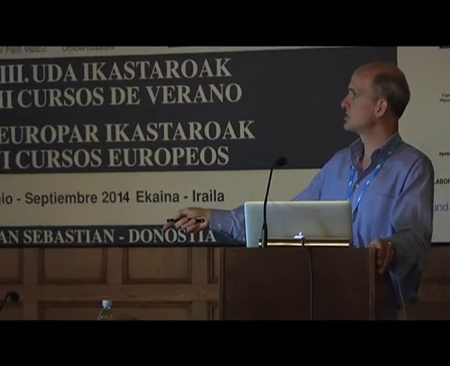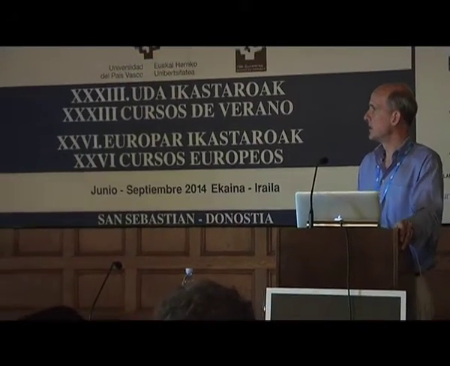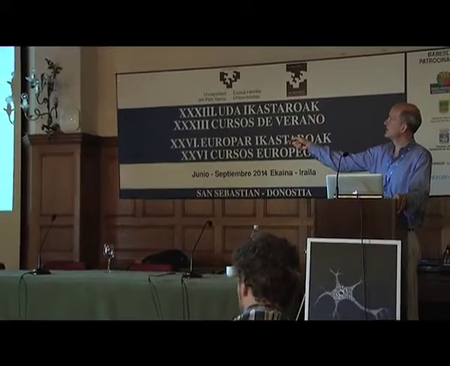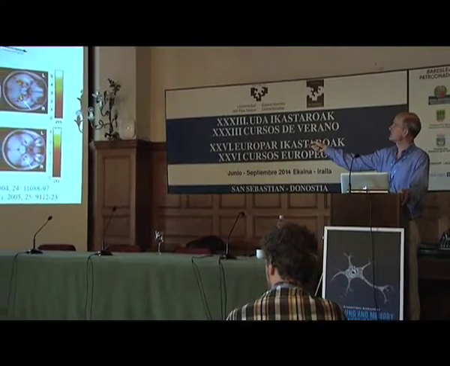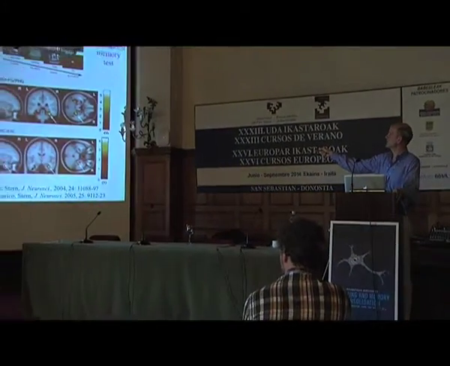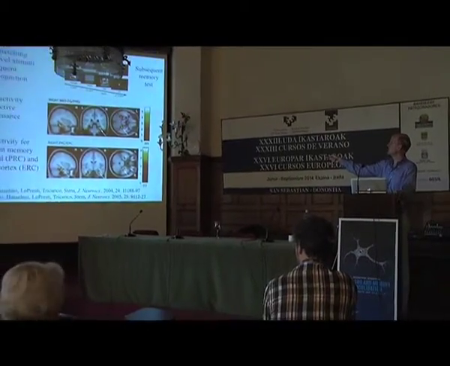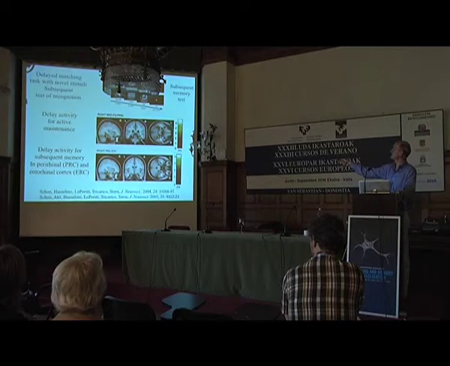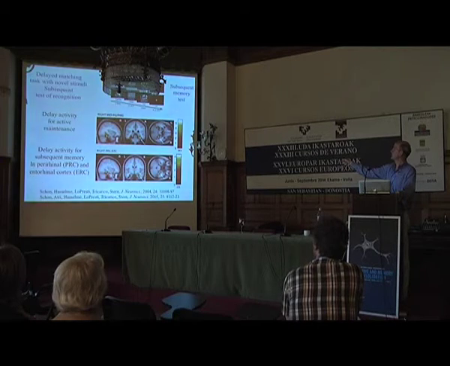We also tested this in an fMRI experiment. This was done in collaboration with my wife, Chantal Stern, and her postdoctoral fellow, Karen Schoen, who's now a professor in Boston University Medical School. They did a delayed match to sample test. There's a sample stimulus, then there's a delay of 10 seconds. And then in this case, the same stimulus is presented as a test and they're supposed to respond that it matched.